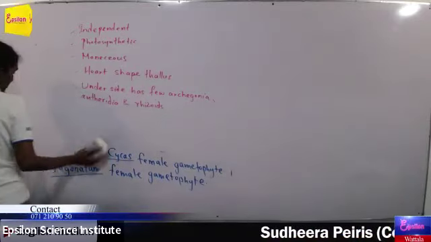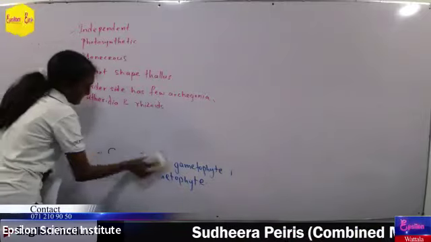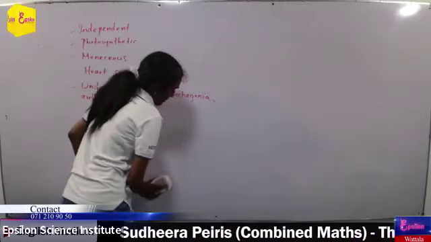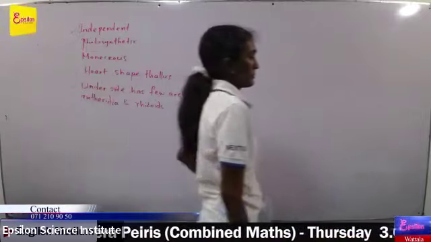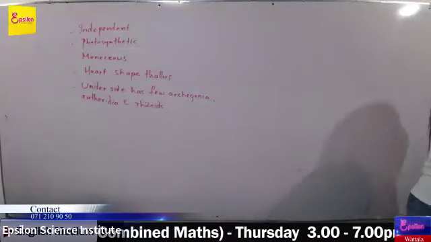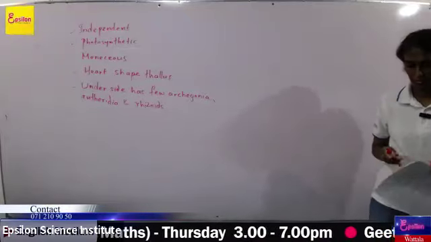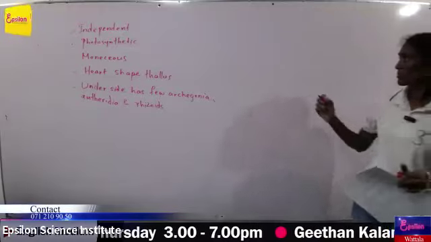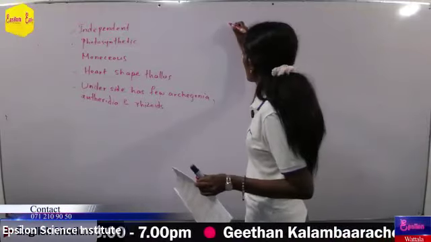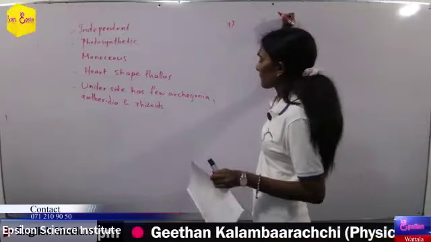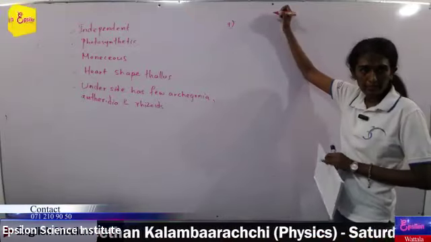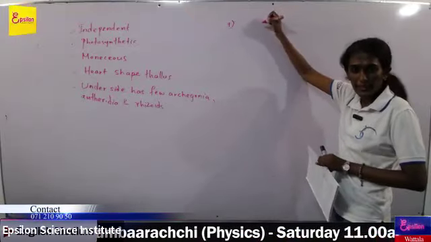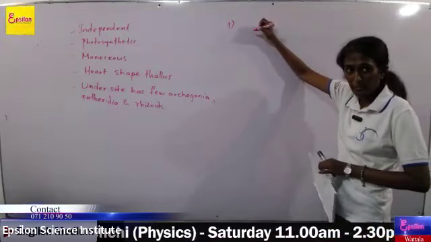Cycas female gametophyte is different from Pogonatum. So how is the Cycas gametophyte different from the Pogonatum gametophyte? It's microscopic. Pogonatum is macroscopic.